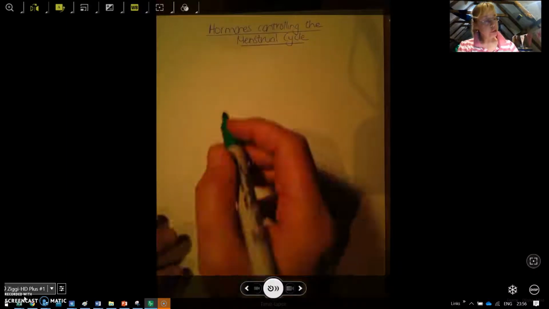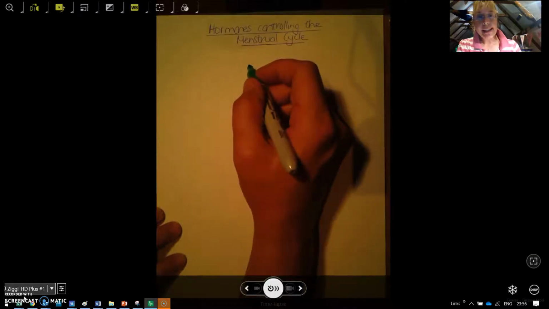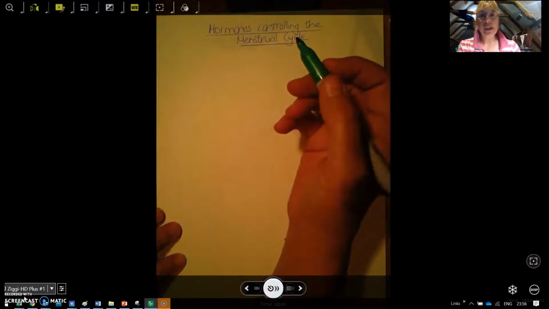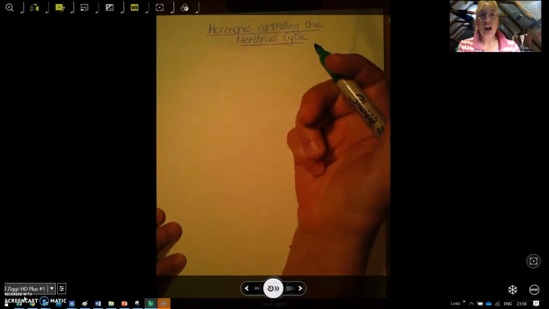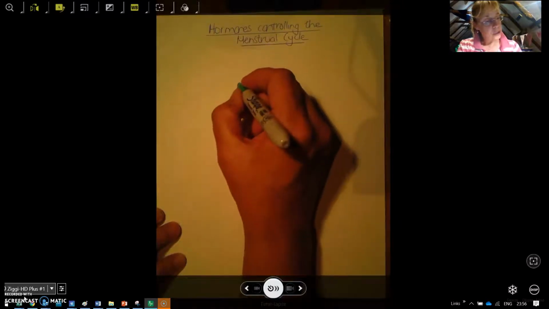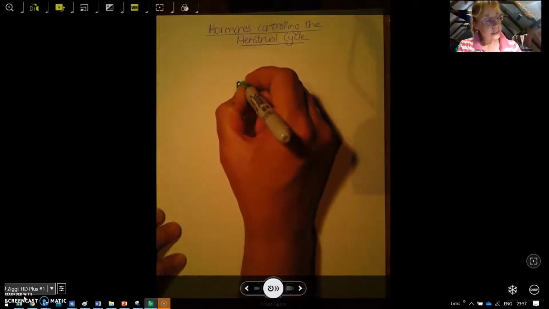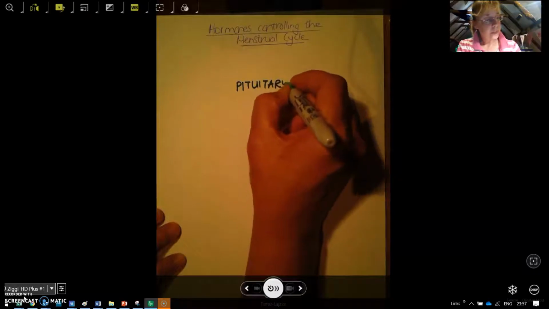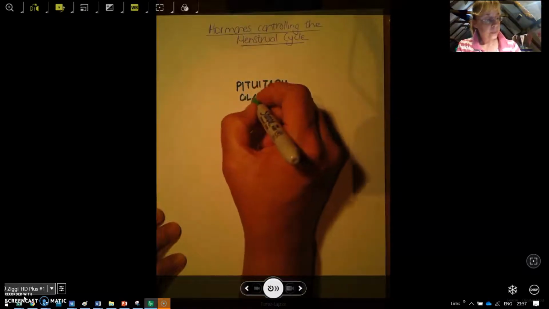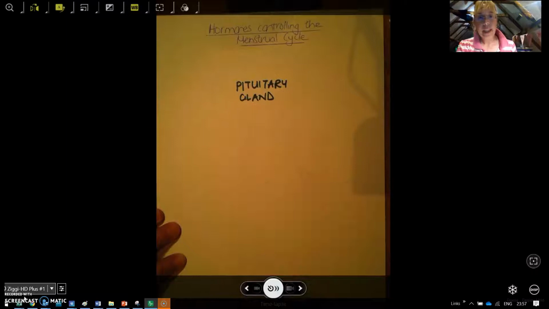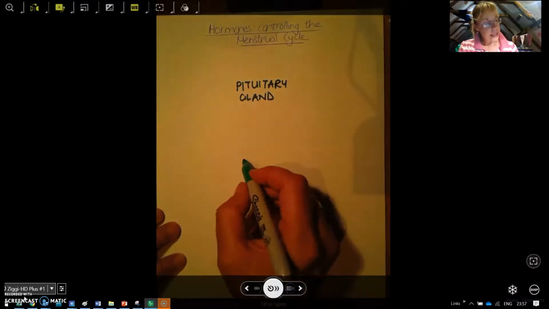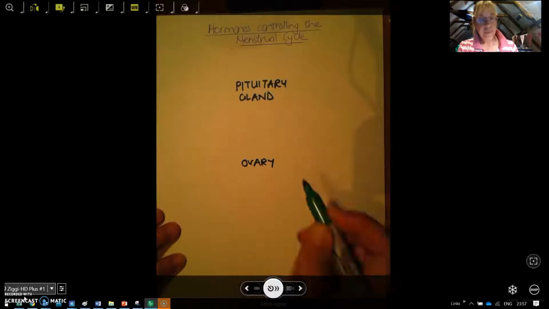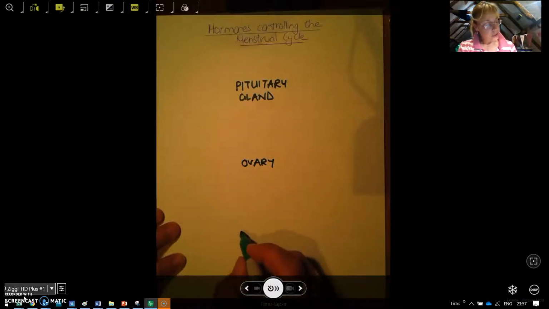And we're going to start off by listing some of the endocrine organs that play a part in the menstrual cycle. So we're going to start off with the pituitary gland. We then have the ovary, and we have the uterus.